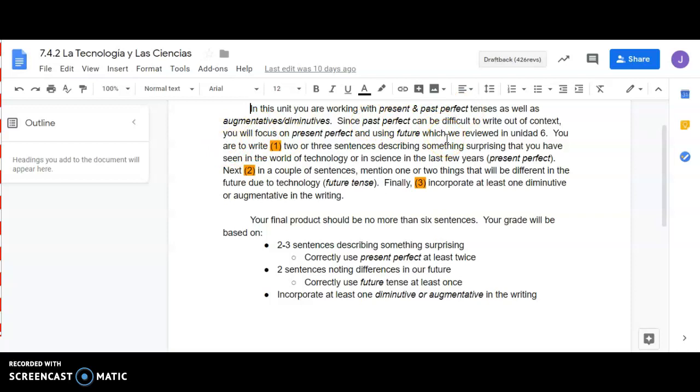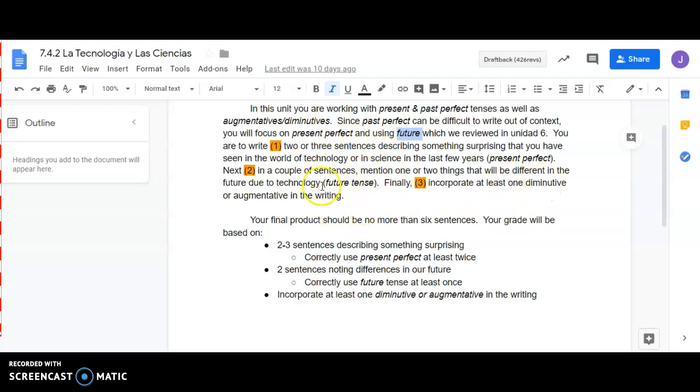It's very difficult to manufacture a context where you would use past perfect. So I'm really focusing more on present perfect and future, which we did last unit. That seems to be the most logical, appropriate for this particular topic.